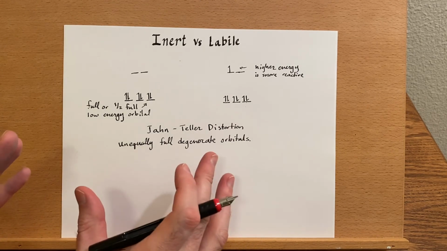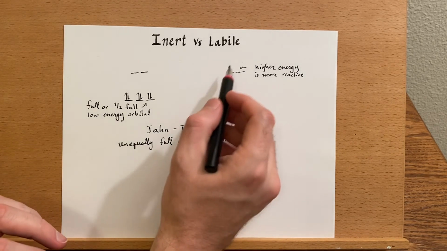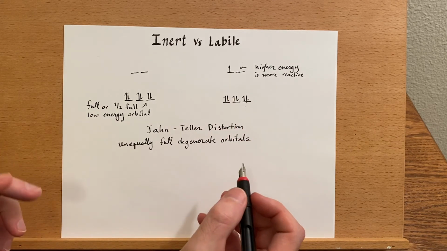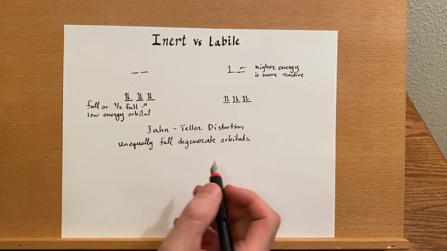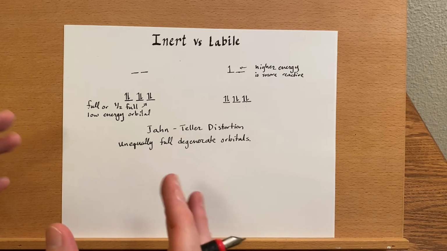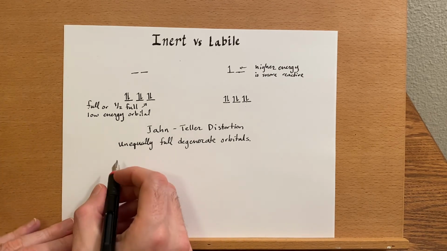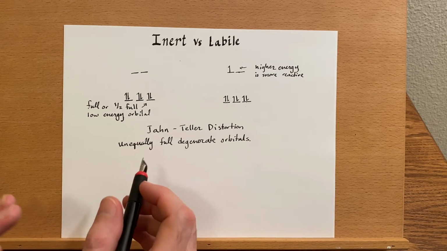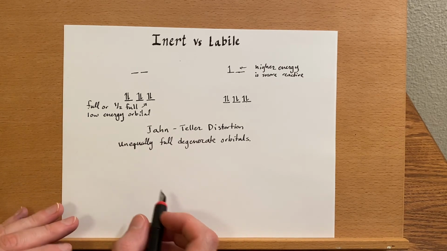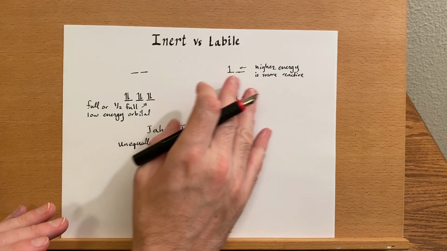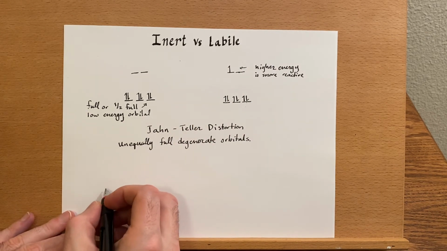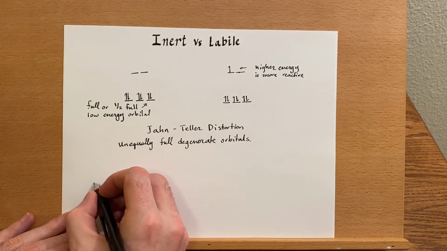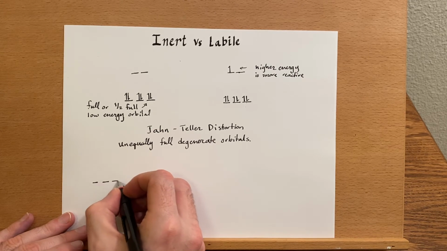So let's examine what happens to the energy levels in a Jahn-Teller distortion. And let's examine what happens to the geometry briefly. There's 2 options that could happen. But the first thing that we're going to do is shift the energy levels of the d orbitals here. So I'll draw those again down here.